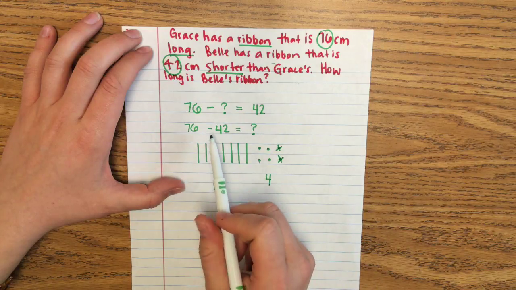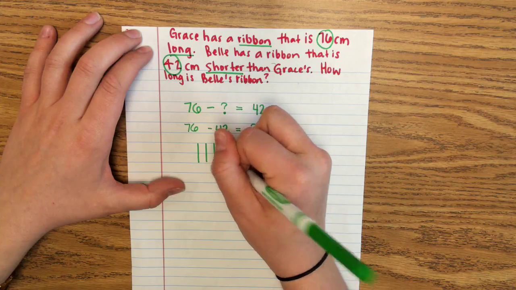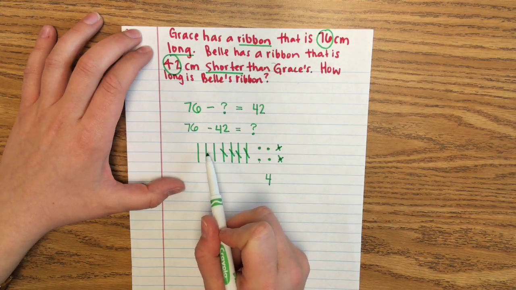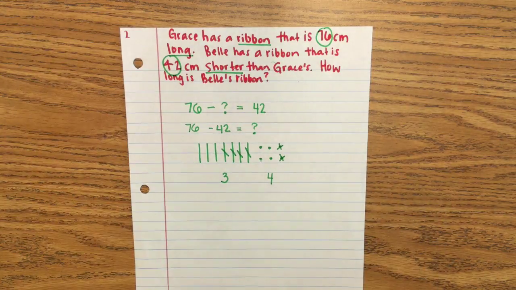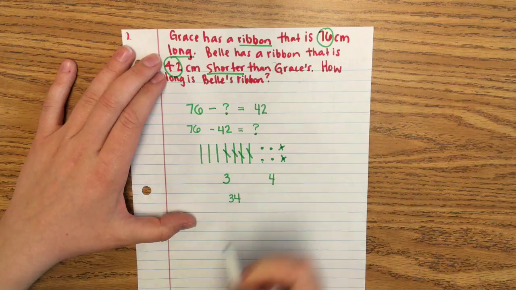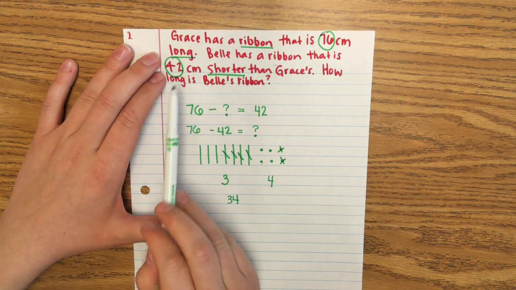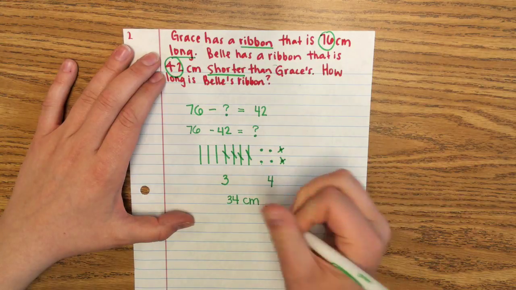And then it says I need to take away 4 tens. So I'm going to take away 1, 2, 3, 4. And I see that I have 1, 2, 3 tens left. So I'm going to rewrite this so my numbers are closer together. And I'm also going to know that I need to write that it's centimeters because I need to tell you how long it is and what units I'm measuring in.